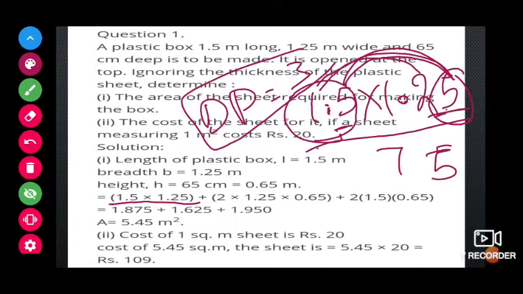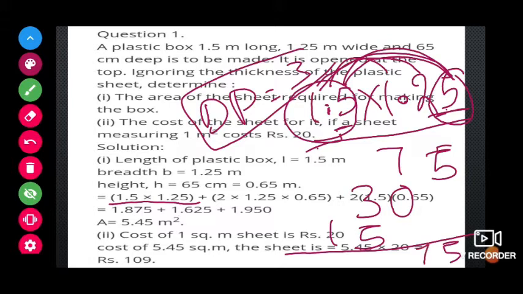Next 2 into 15 is 30. 1 into 15, 15. Now add: 5, 7, 8, 1. Now decimal places, how many? 3 decimal places. So before the last 3 digits you have to place the decimal point: 1.875.